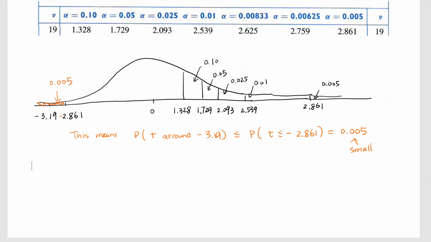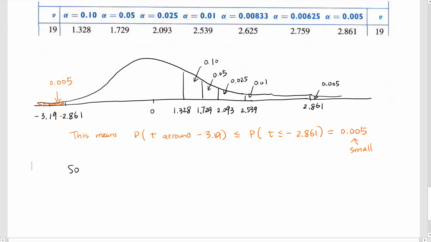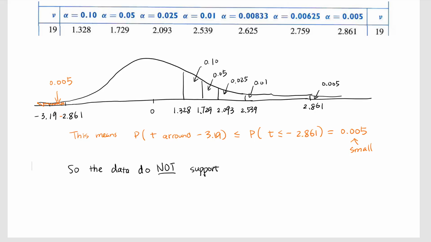So we answer: the data do not support the manufacturer's claim.